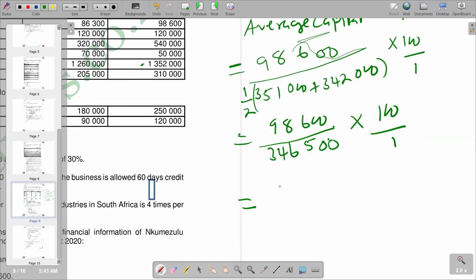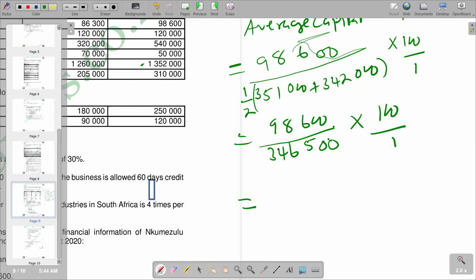You calculate it, you see that the answer that you are supposed to get there is going to be 24. We can just try to verify that calculation by saying 98,600, and then you divide by 346,500. And you're going to get 28.